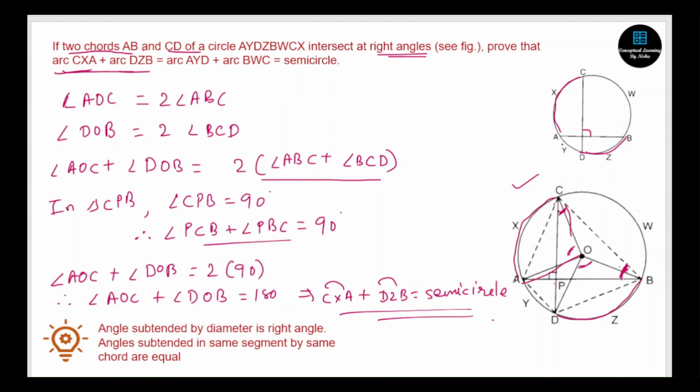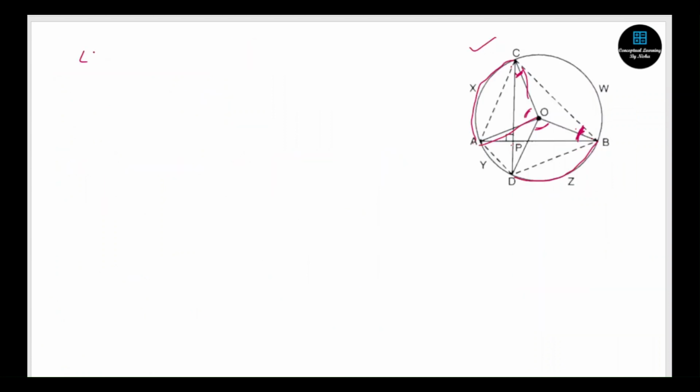Now similarly, I have to prove it for the other two arcs. Let me just prove them. Now see, I am interested in the angle subtended by this arc. Which angle is that? Angle AOD. So angle AOD equals twice angle DBA.